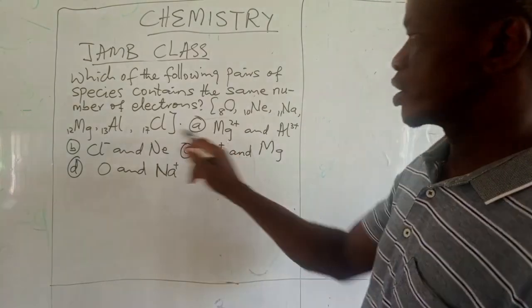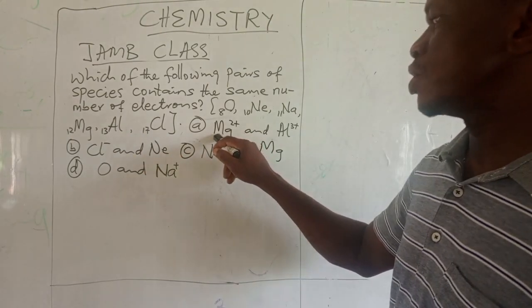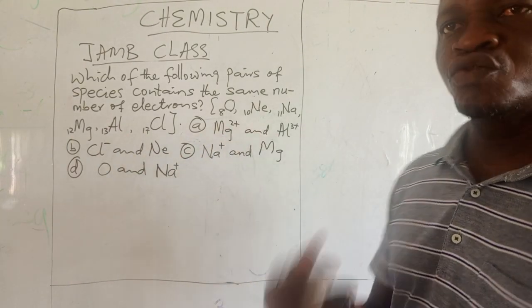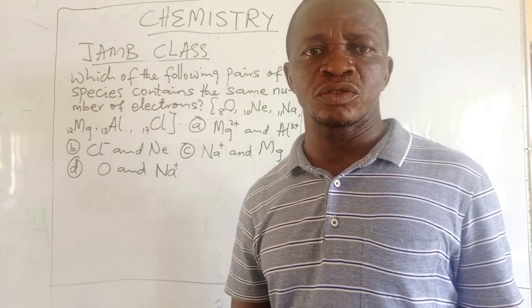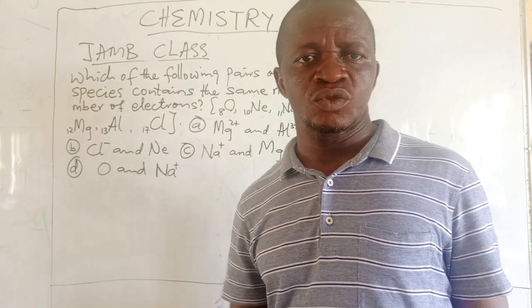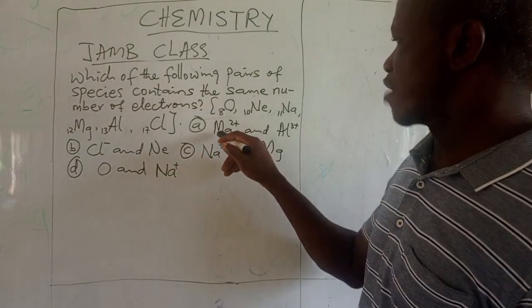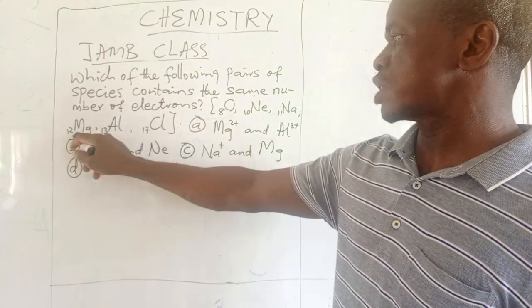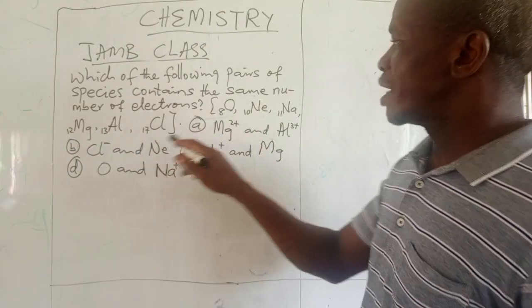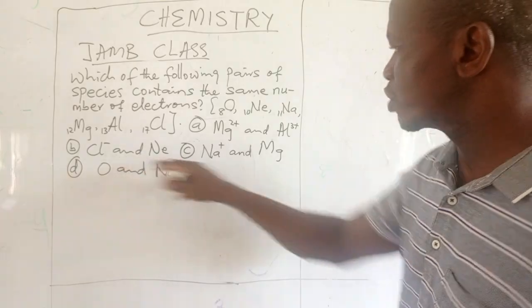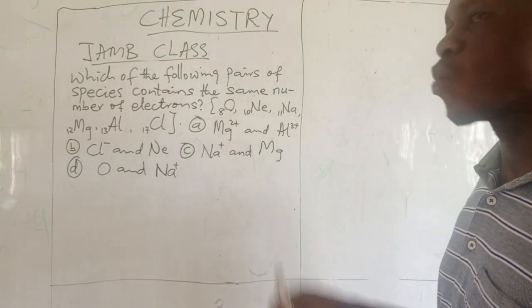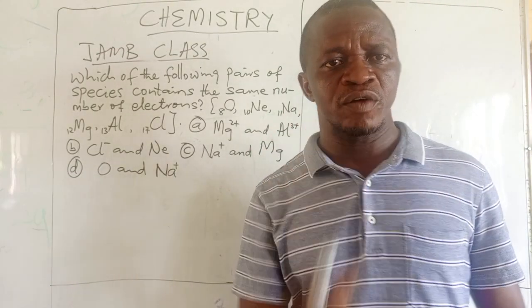Atomic number is still 12, but electron is different. This plus 2 means 2 electrons were given out. So you cannot say that after giving out 2, it will still be the same as this. So now let's write the electronic configuration of all these elements, then we will know which one will have the same number of electrons.